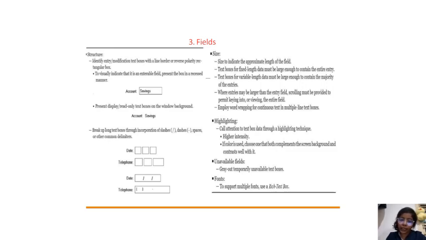When the entries may be larger than the entry field, scrolling must be provided, permitting keying and viewing the entire field. Highlighting calls attention to text box data through highlighting techniques. Choose the highlight intensity and ink colors with good contrast against the screen background.